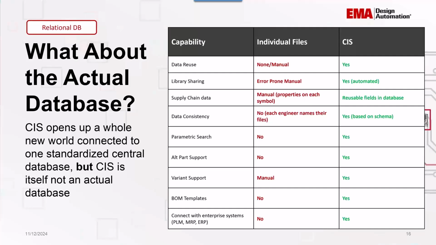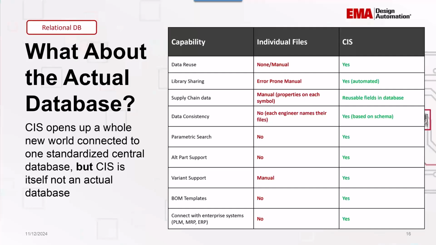So in this table, we're trying to emphasize to you, before CIS, everything was managed individually, right? You have your OLBs, you have to know the symbol names, you have to put your libraries on some shared drive probably. If you have any kind of supply chain data, you're creating it manually, applying it to each symbol. If your engineers are each building their own libraries, it's dependent on them to have the naming format correct.